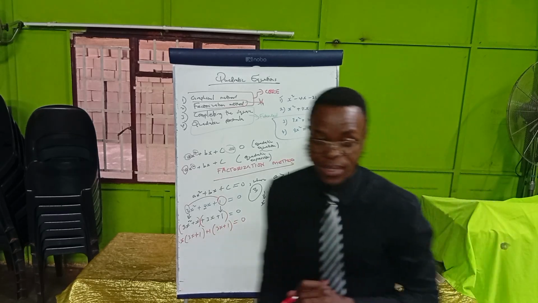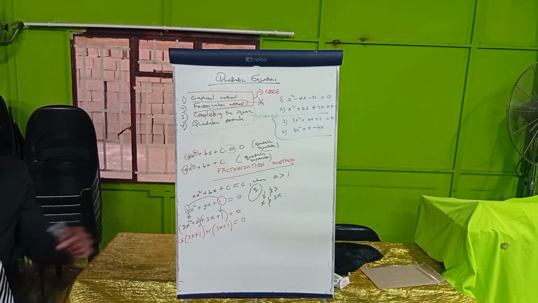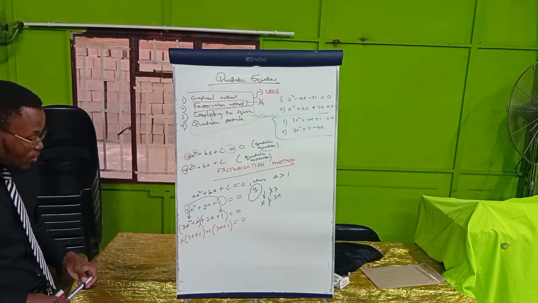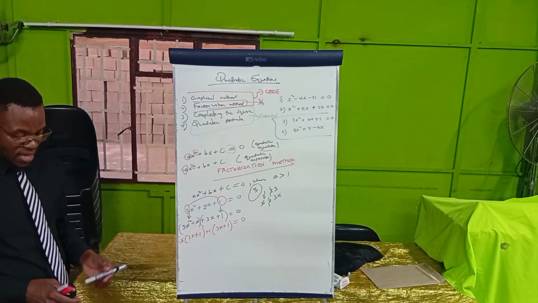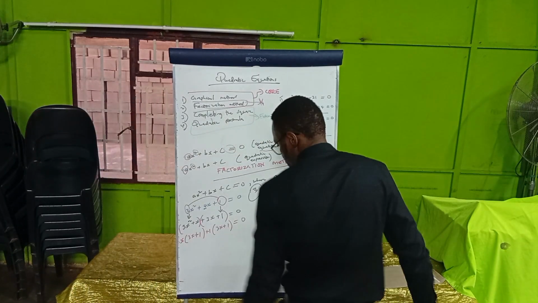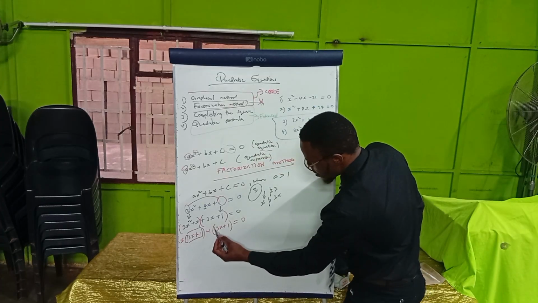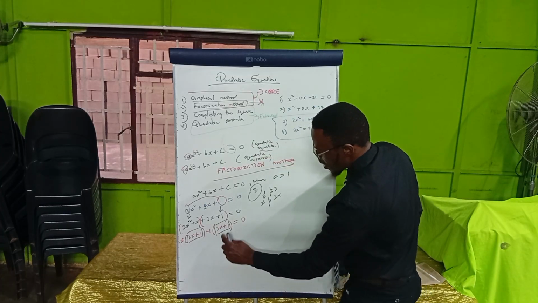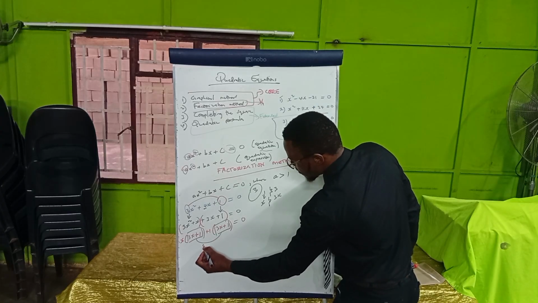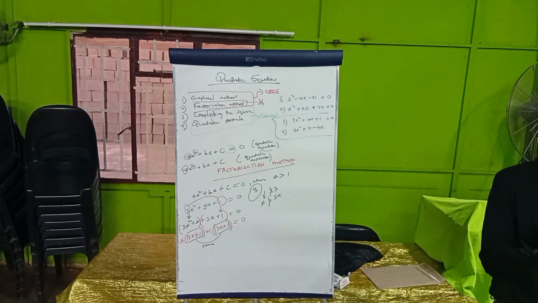Here is another important thing that you should always remember. When you are factorizing a quadratic equation, in the brackets you should have the exact same terms. Which means here we have 3x plus 1 and 3x plus 1. If they are different, something is wrong. This should always be the same, the values that are in the middle.